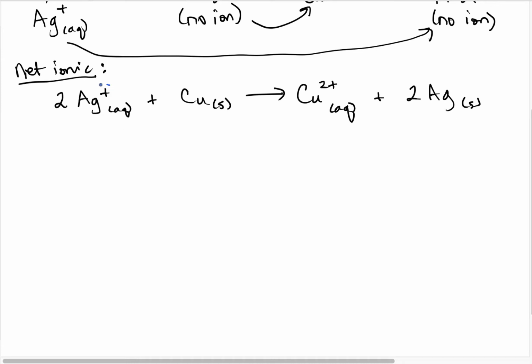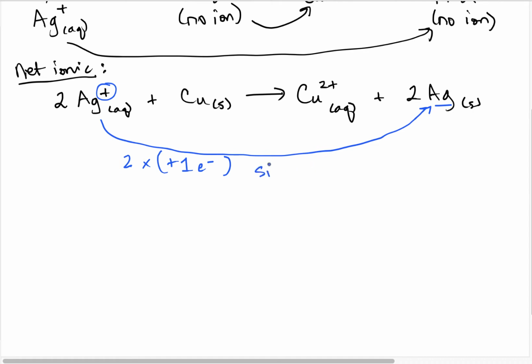When silver goes from being silver +1 to the solid metal, it picks up an electron, and of course, since there's 2 silvers, that's 2 of them. So we would say that silver is reduced. When you gain electrons, that is called reduction.